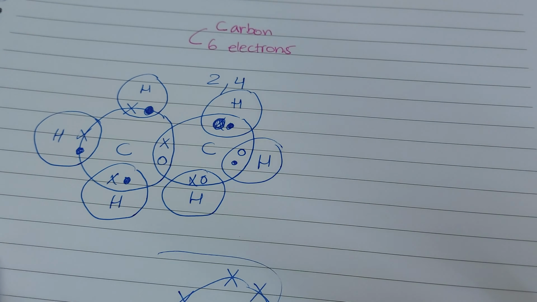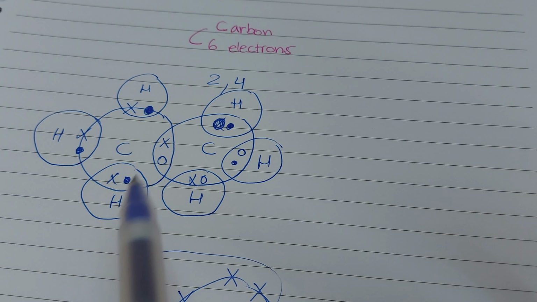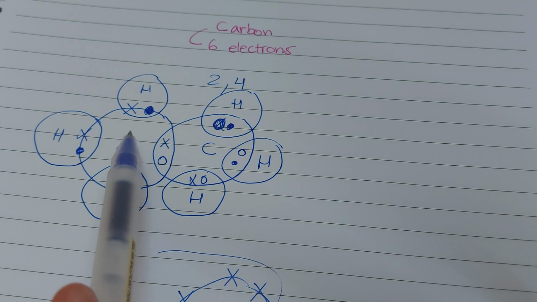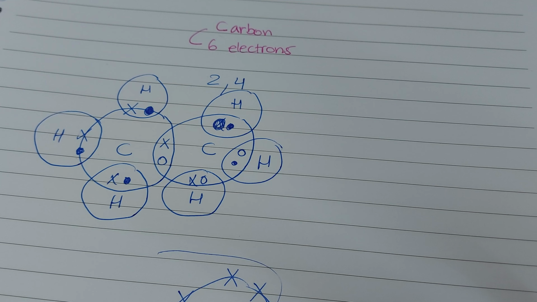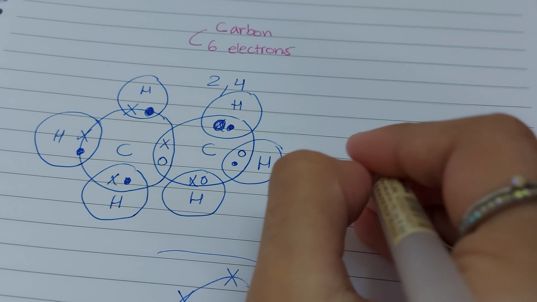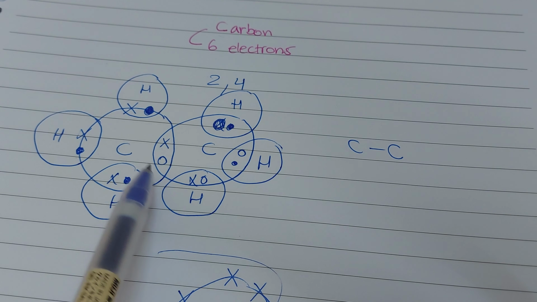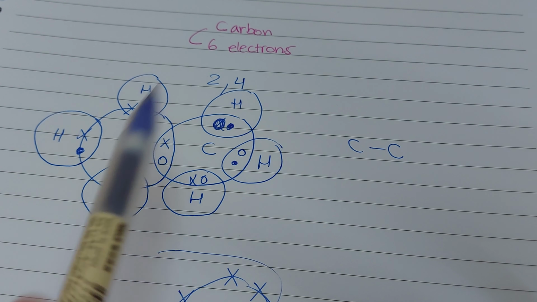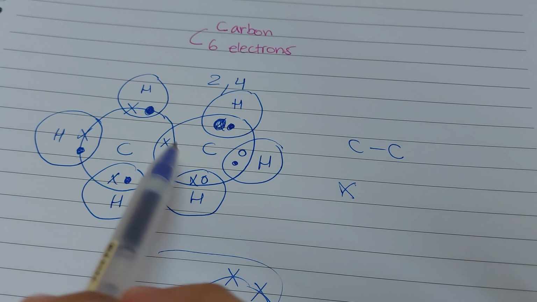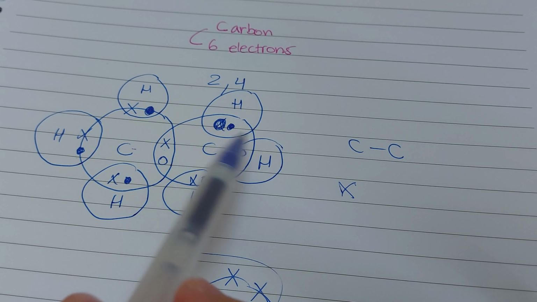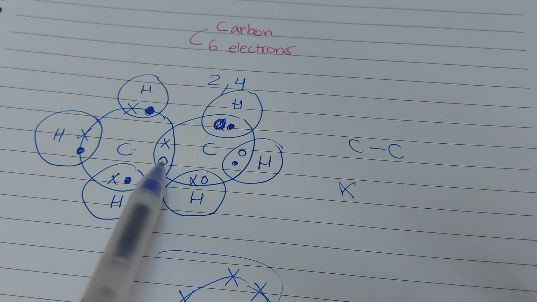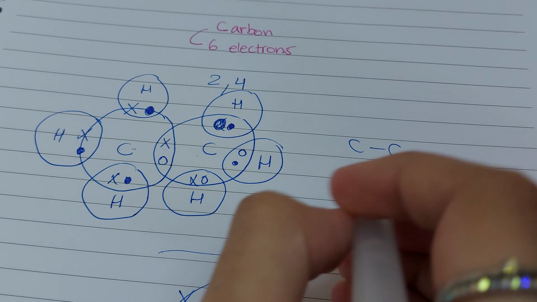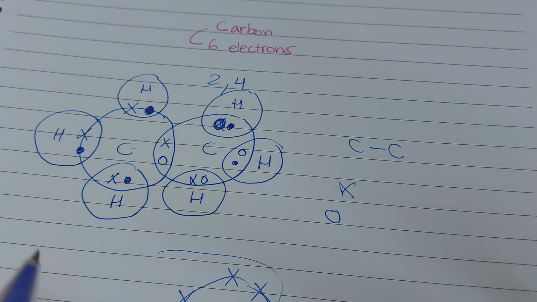So here is the first bond we're going to be talking about. This is a single covalent bond between two carbon atoms, right? And this is stated like this. So what happens here is that this carbon, where the electrons in this carbon are represented by X's, is sharing one of its electrons with another carbon, and this carbon's electrons are stated with this circle.